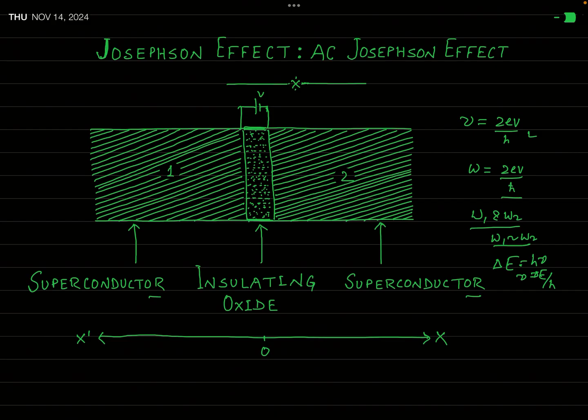Now, since the charge density and the current only depend on modulus of psi square, which is the probability density, the individual wave frequencies are not observable.